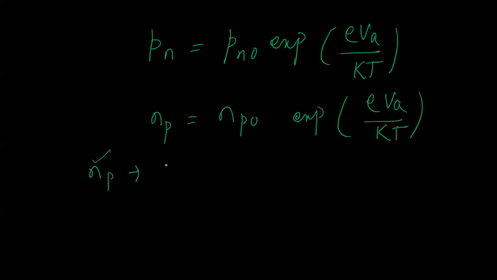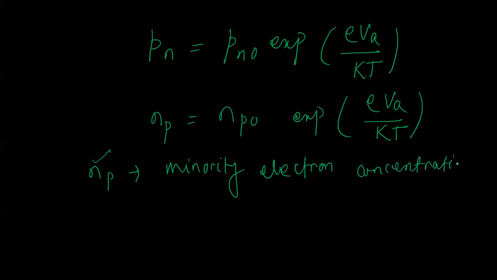Np, n is minority electron concentration in p region, in forward biased condition, because it is not in equilibrium. If I write 0, then it is in equilibrium.